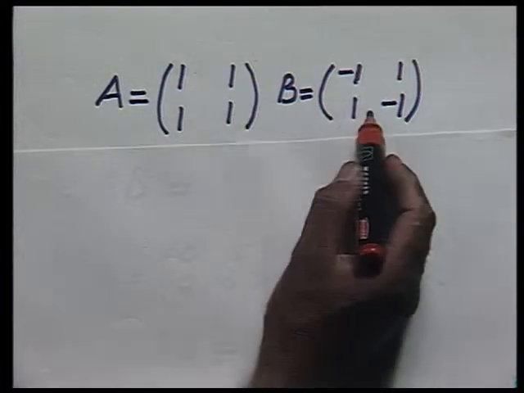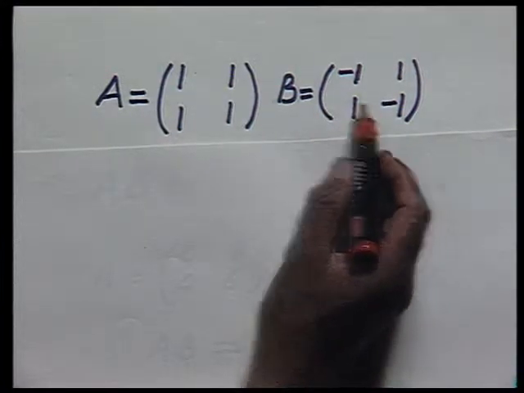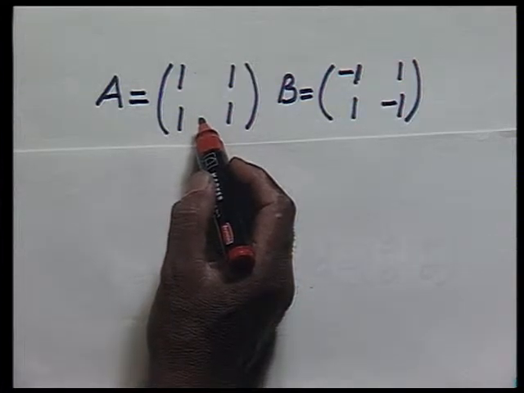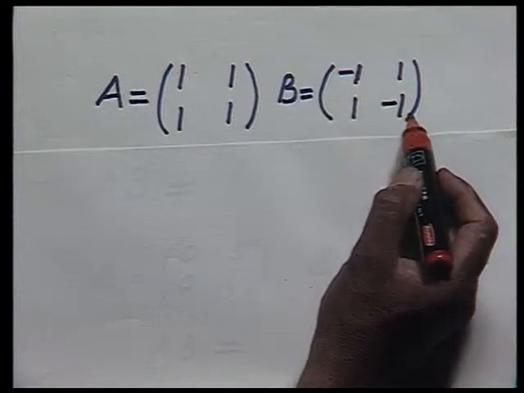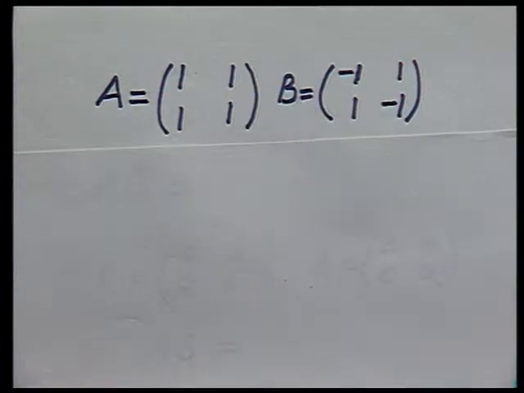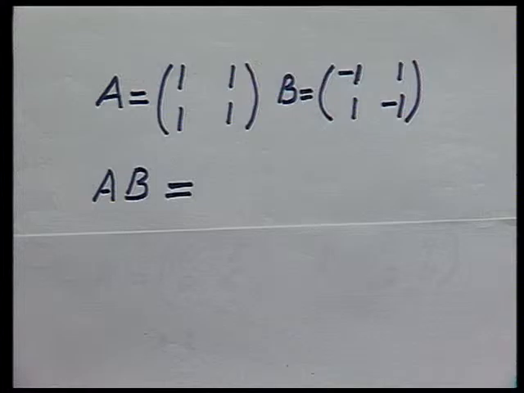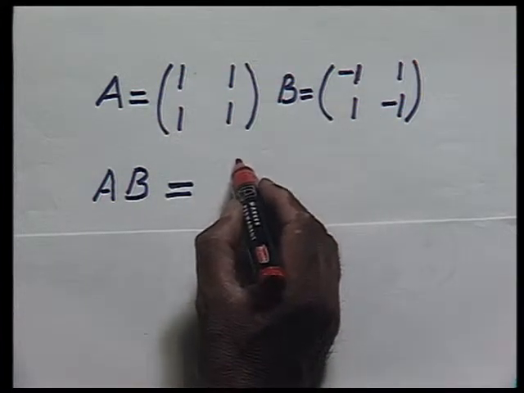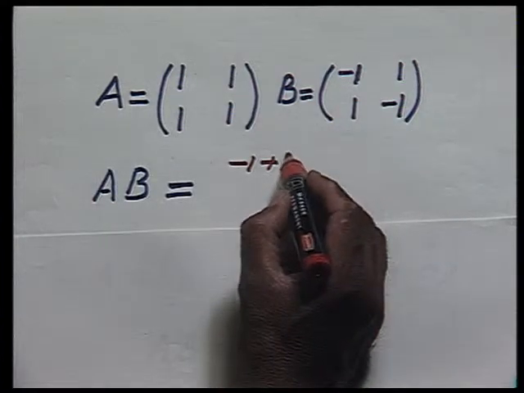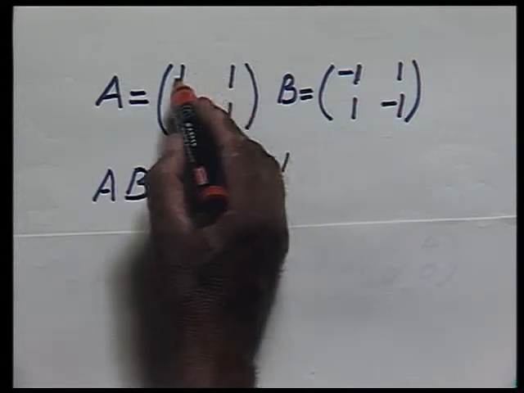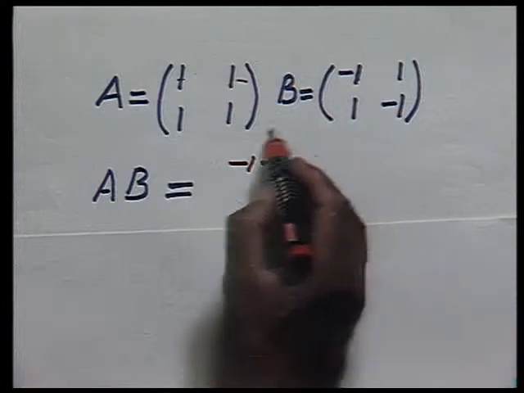Can you multiply these two matrices? Intuitively you can say, recalling the case of two stores when 2 items each, 2 costs each were given, a similar situation. Now, in case I try to multiply this, 1 times minus 1 is minus 1, 1 times 1 is 1. So, that means I go from here and multiply like this.